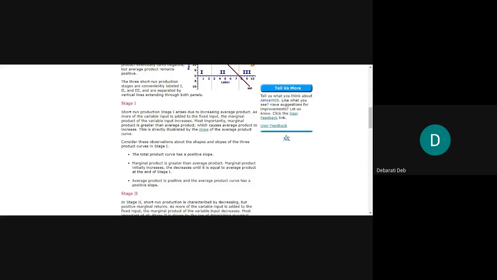This is directly illustrated by the slope of the average product curve. Now consider these observations about the shapes and slopes of the three product curves in stage 1. When we are discussing stage 1, we will discuss all three curves together, and just discuss their slopes and shapes.